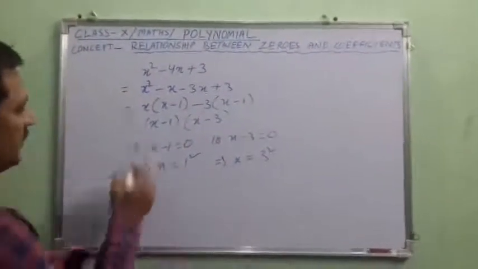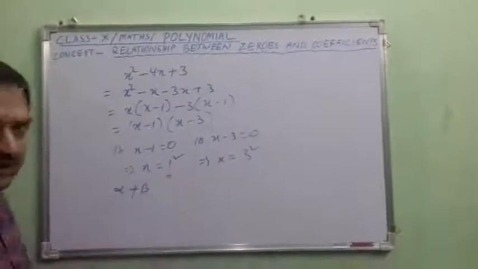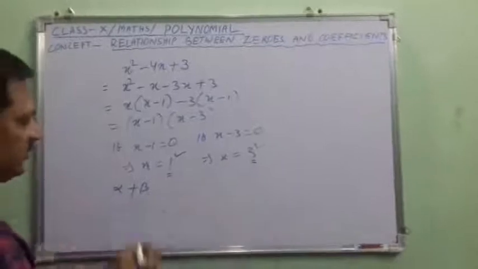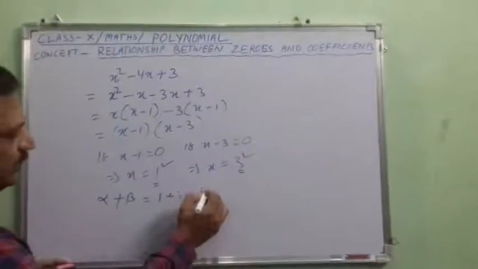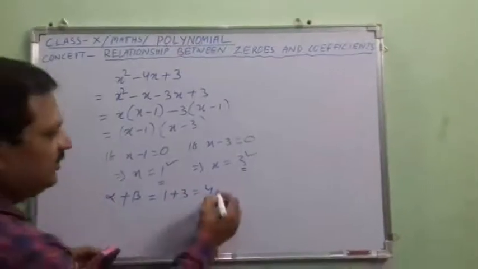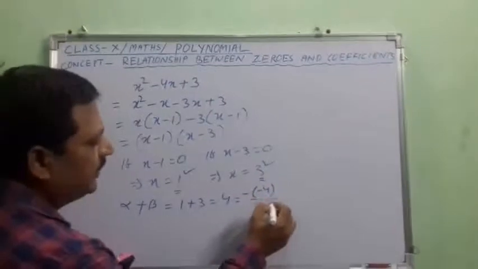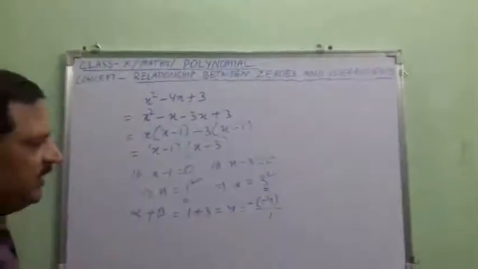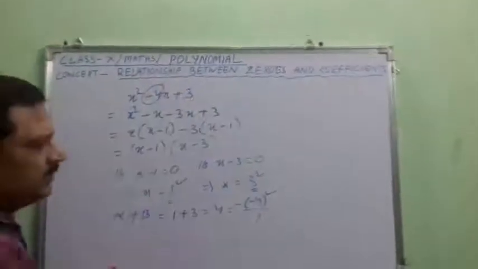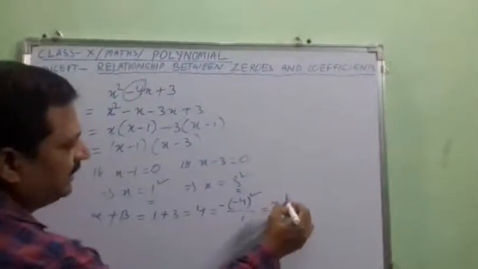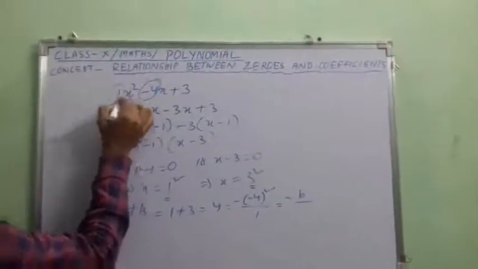Now, what is alpha plus beta? Here alpha is 1 and beta is 3. So alpha plus beta equals 1 plus 3, that is equal to 4. And this is equal to minus of minus 4 by 1, right? The value of b here is minus 4, so I can write this as minus b by a, with a equal to 1 here.